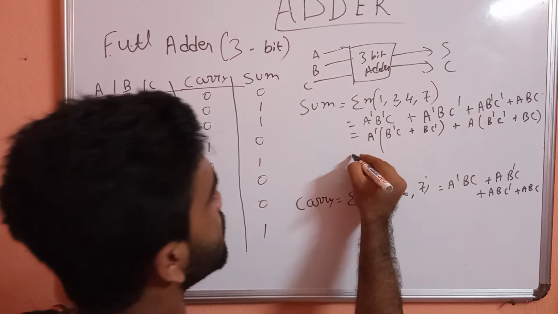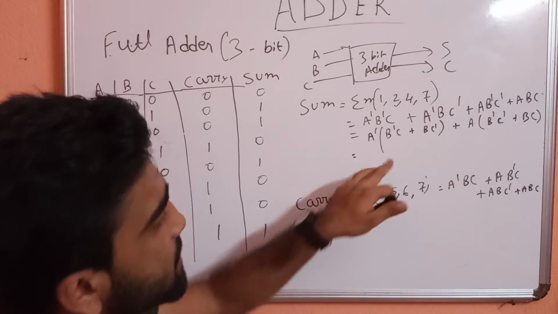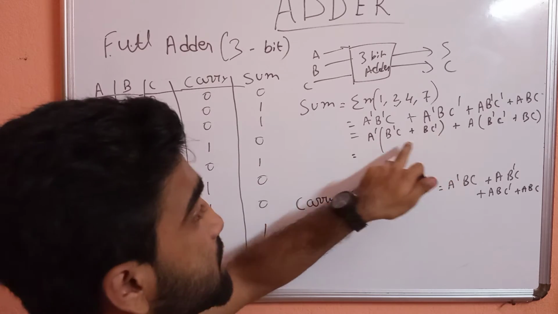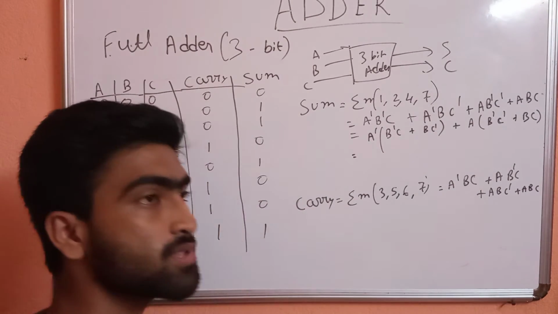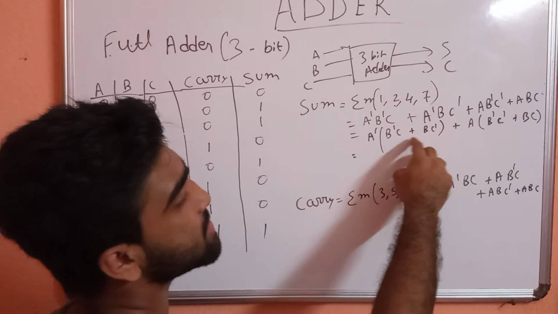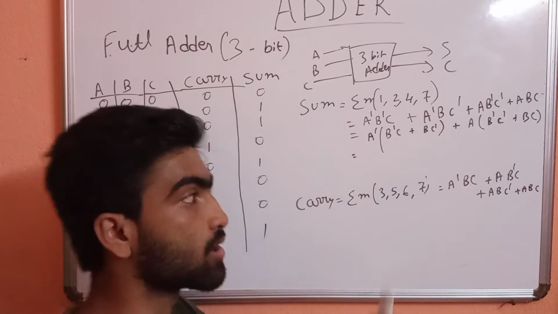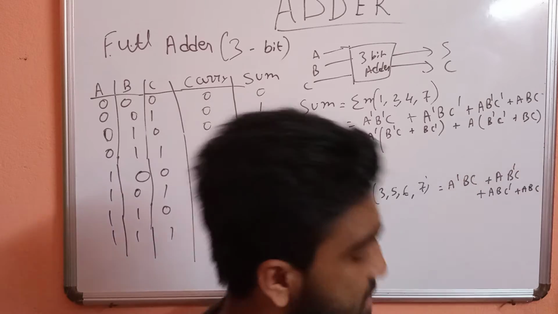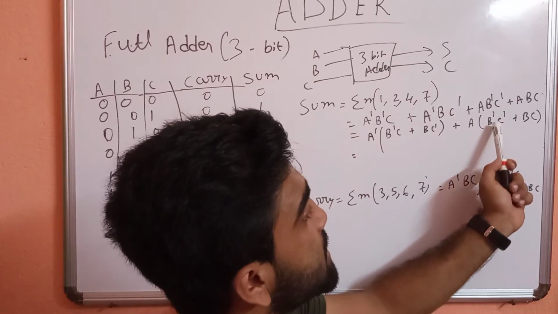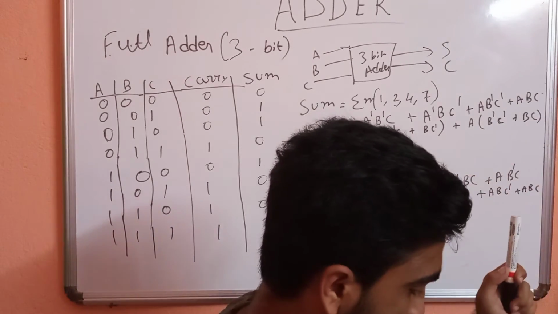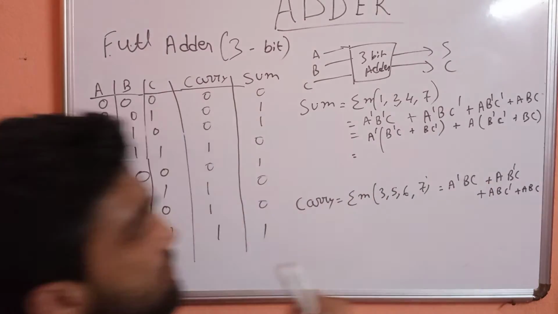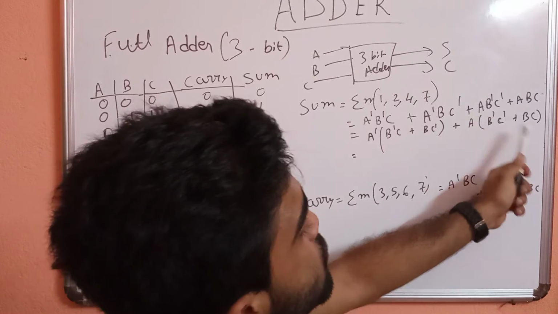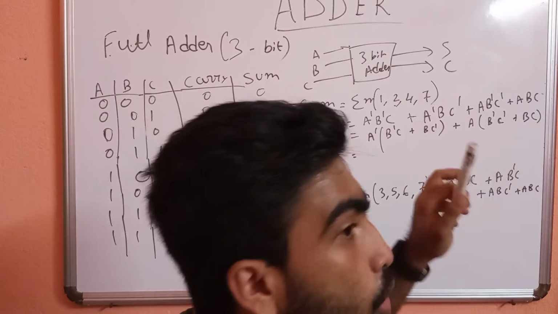Okay. Now see, this part is B XOR C. I already showed you in the half adder, B complement C plus B C complement is XOR. And here, see, B complement C complement plus B C is B XOR C whole complement.